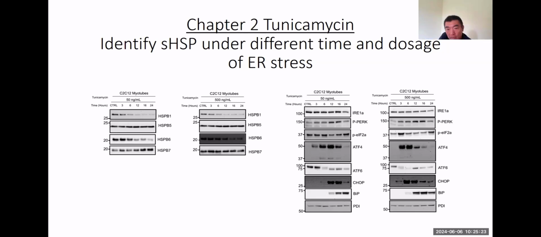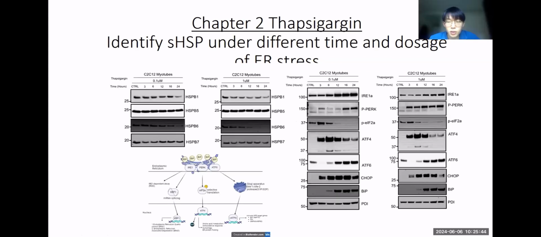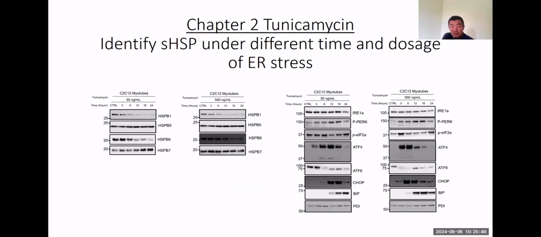But eIF2 alpha is very tricky because it increases at the third hour, then decreases, and then increases again. Is it consistent across 3 experiments? Yeah, I just need to redo it, and they are consistent. They go up, down, and up. It's not happening in thapsigargin, I would say. You have done tunicamycin 3 times? Not 3 times yet. I need to wait for the blot boxes.